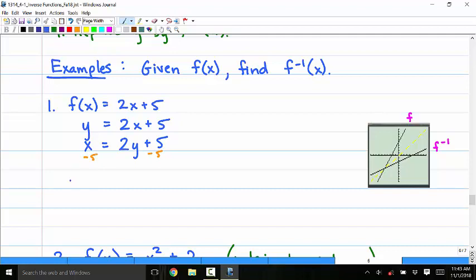So I have x minus 5 equals 2y. Divide both sides by 2. I get x minus 5 all over 2 is equal to y. Then the last step says replace y with f inverse, right?